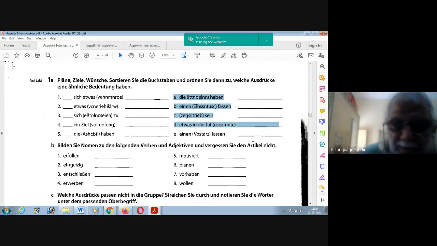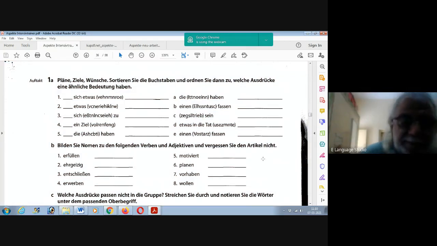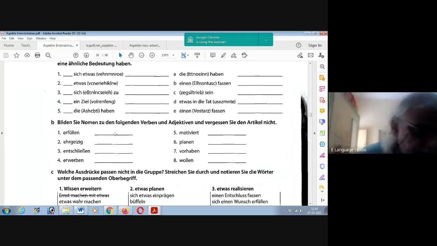You don't always have to say ich verfolge ein Ziel. I'm pursuing an objective. Ich bin zielstrebig. Ich habe die Absicht. Ich habe die Intention. Also man kann das alternativ ausdrücken. So here, let's try building the nouns here to these.